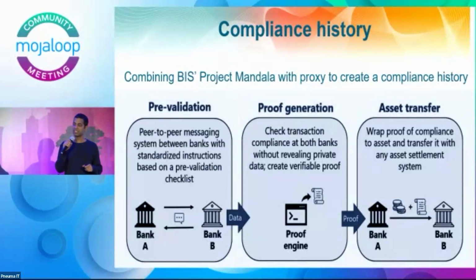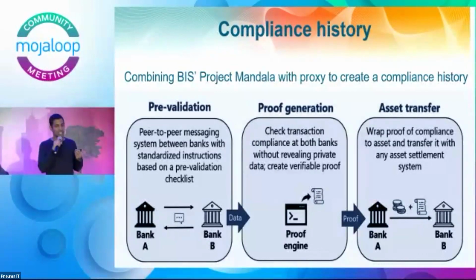So the pre-validation is the first step, where before a transaction happens, the two DFSPs can validate that the account exists, that there's a match, the name matches, and also perform KYC and AML and all of the compliance. So that means that without any transaction happening, without the money going anywhere, you've received this proof that's generated from the proof engine, and then that goes along with the transaction.